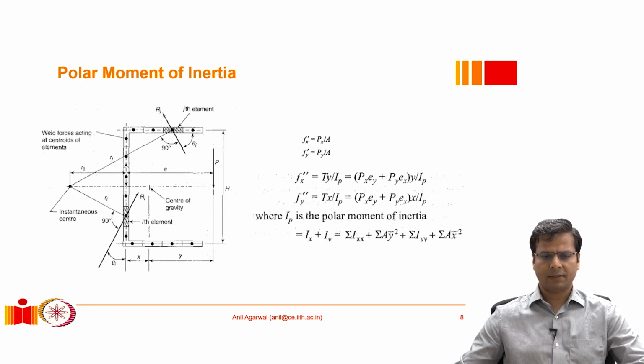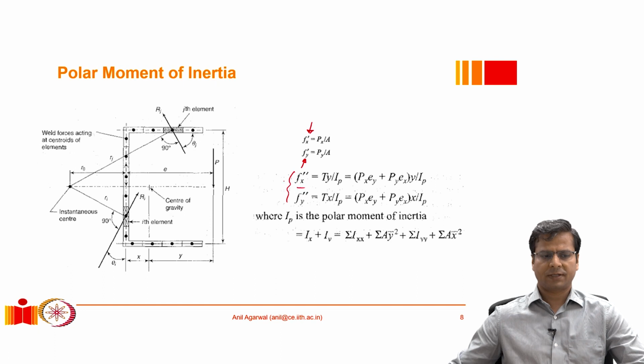So basically the idea is that first we would calculate the direct stress. F prime x and F prime y basically represent the direct stresses, which are all parallel to each other because they are parallel to the direction of the force. In addition to that, there is another component of Fx and Fy, which arises out of the effect of the twisting.